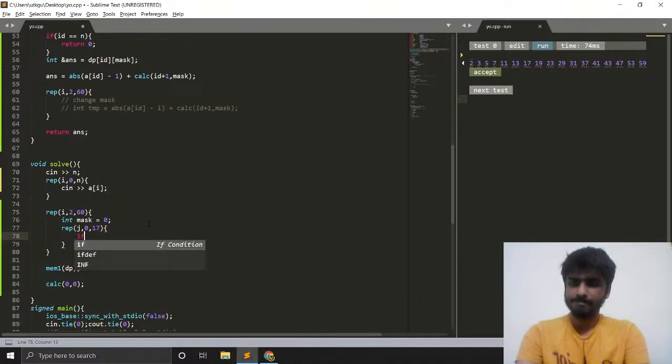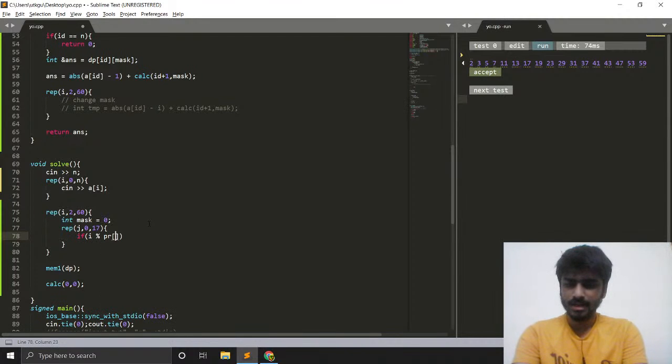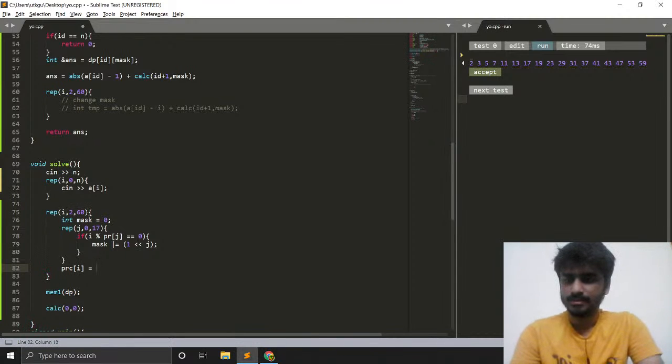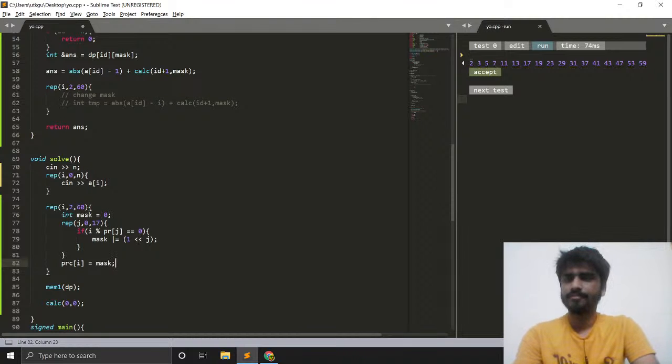Now if I mod Pr[j] equals 0, okay, so we have the mask already, and we'll just store it here. Pr[i] equals the mask that we just calculated.